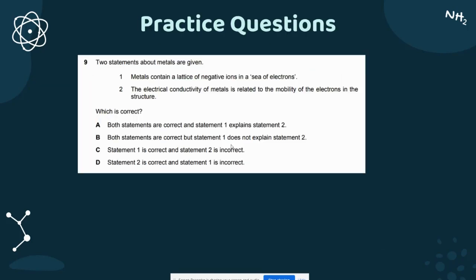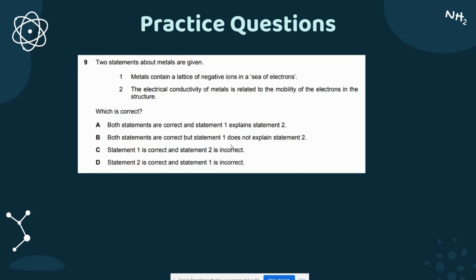Now, second step, practice the questions. Here are the statements: metal contains a lattice of negative ions in a sea of electrons; the electrical conductivity of metal is related to the mobility of electrons in the structure. Which statement is correct? One or two or both? Again, does metal contain a lattice of negative ions in a sea of electrons, or positive ions in a sea of electrons?